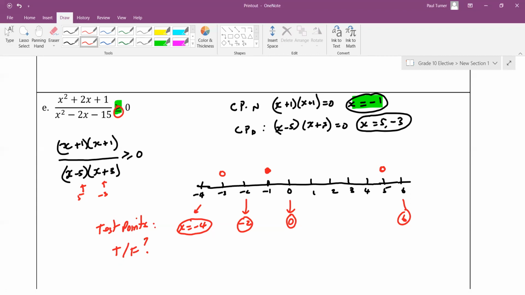Okay. So think about your solution. So what about -4 or -5? You're going to find this area out here is going to be true. So I'll help you out. If you try -2, this is going to be false.